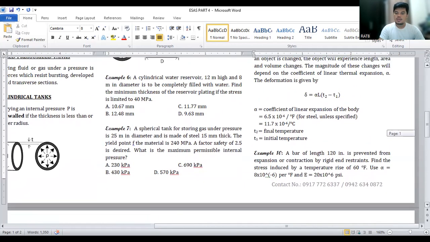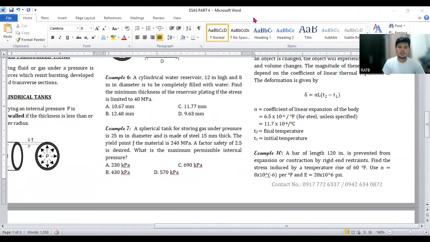Okay, we can illustrate item number 10. For item number 10, we are actually given a bar.